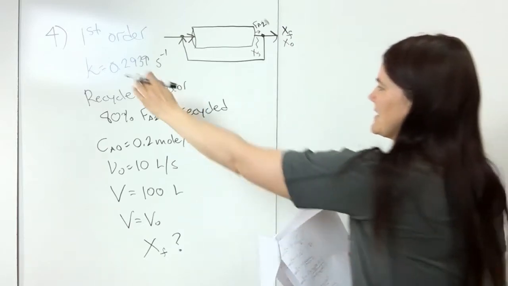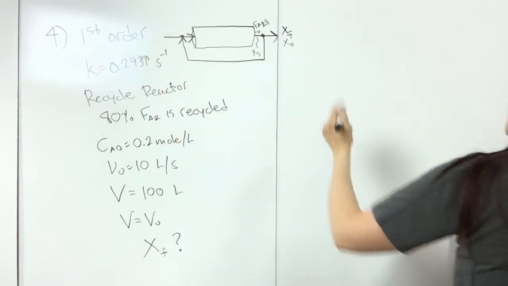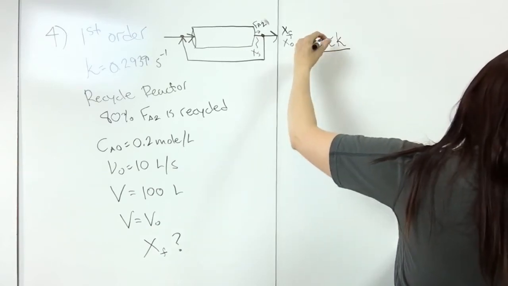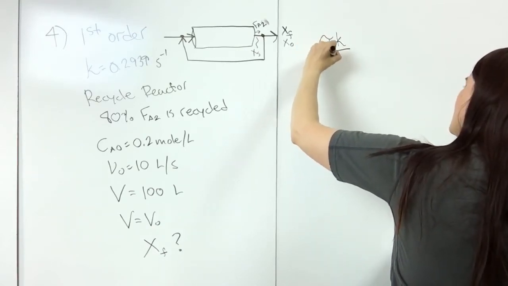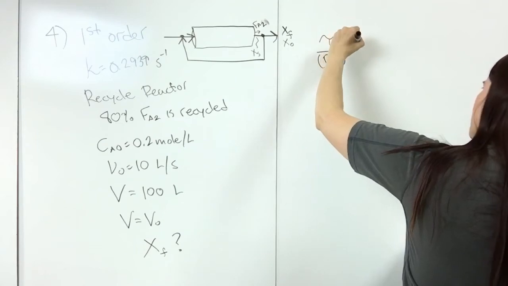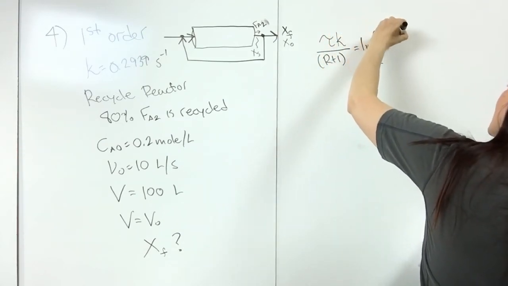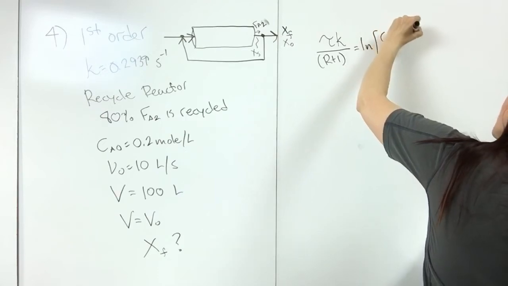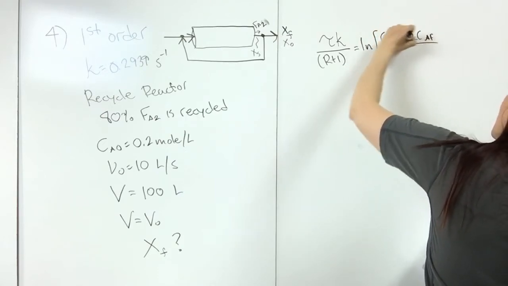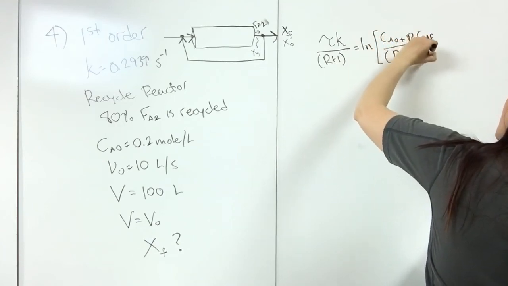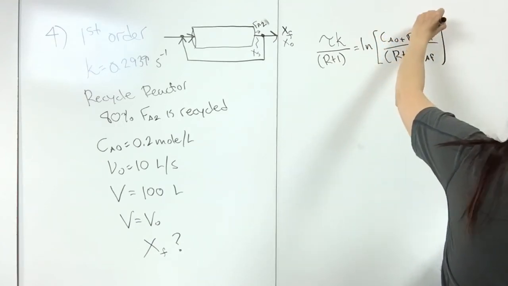So for instance, in this case it says it's first order, so we know the first order integrated equation is tau K over R plus 1 is equal to the natural log of CA naught plus R CAF over R plus 1 CAF.